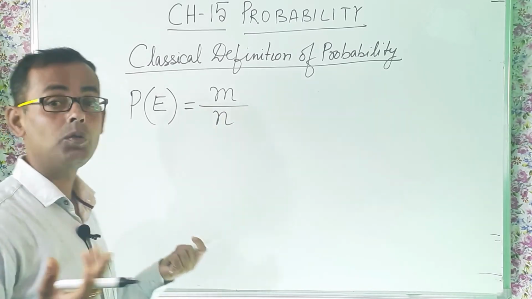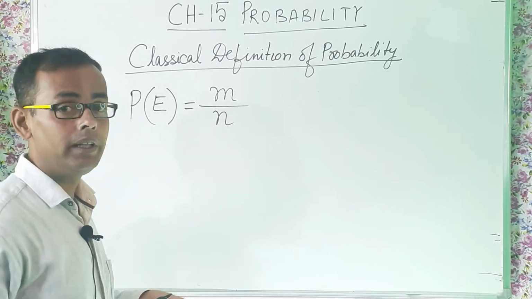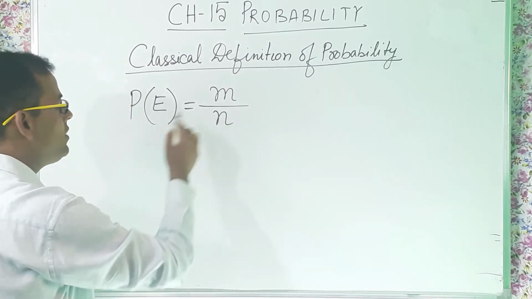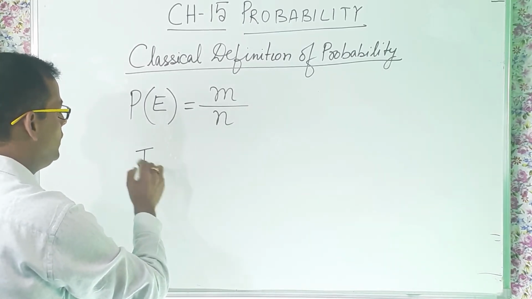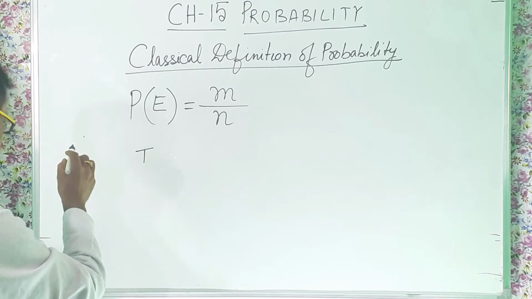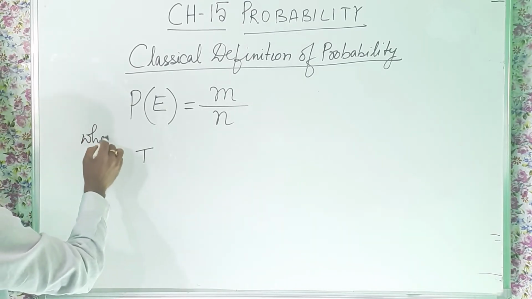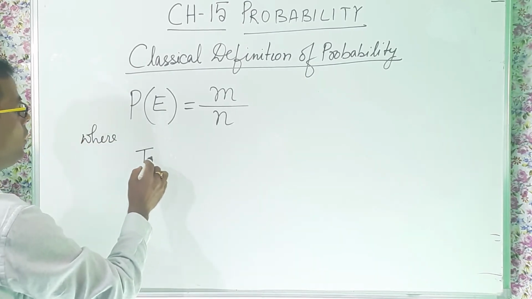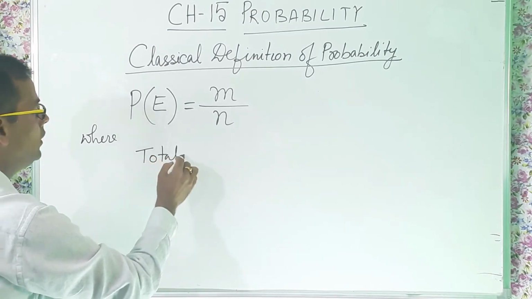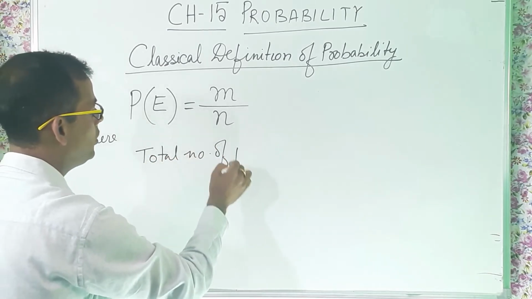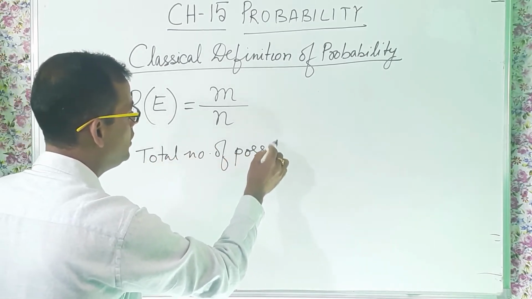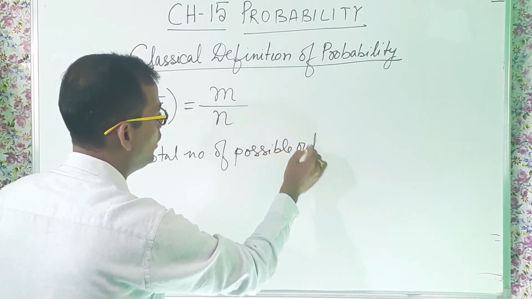Now you will say, sir, what is this? P(E) is equal to m/n. Now, what is n? Where n is the total number of possible outcomes.